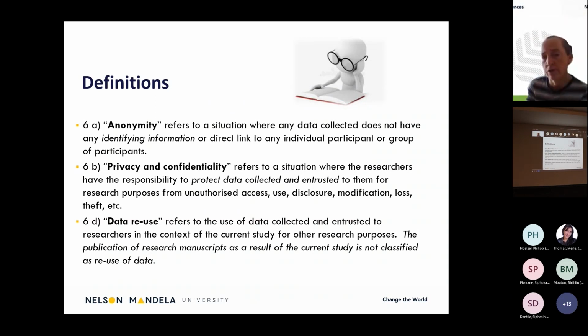That's not data reuse. Data reuse is if you want to use the data in a separate study, or a follow-up study later on. It is not later using it for a publication that relates to the current study. This is using the data in another context.